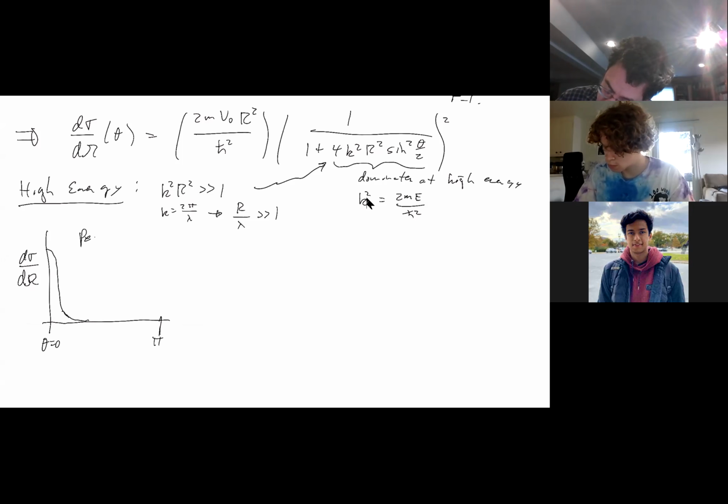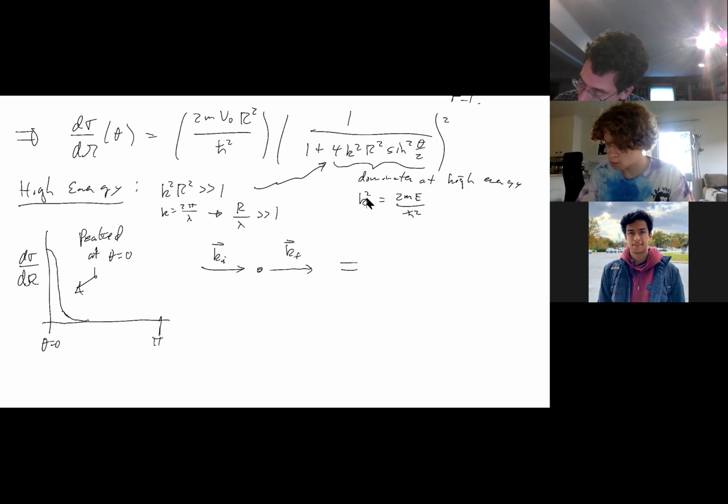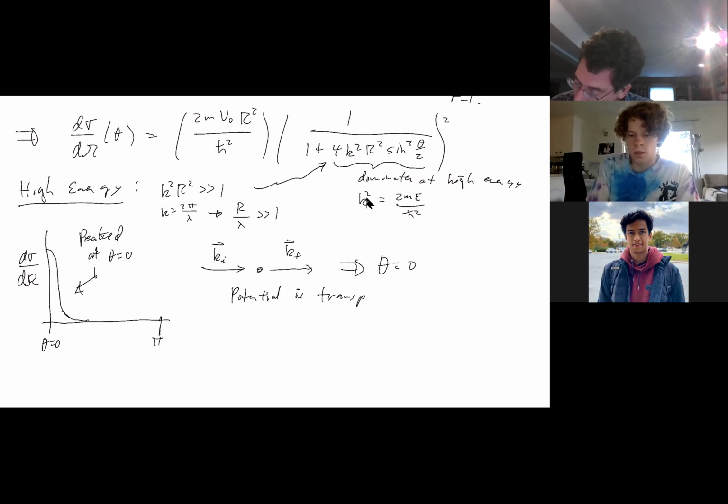So it's peaked at theta equals 0. And so this is telling us that if we have the K incident, then the highest probability is for the K final to be in the same direction, because that's the situation for theta equals 0. And so it's like the potential is transparent. It's like it's not there.